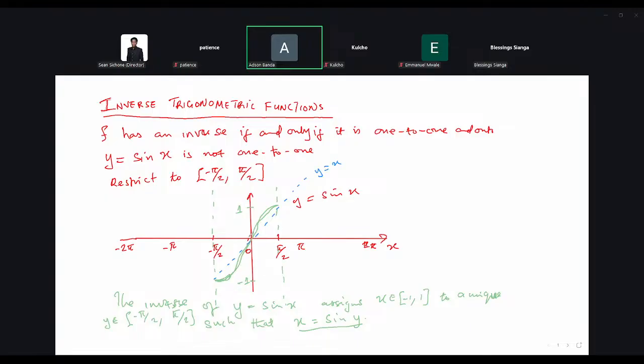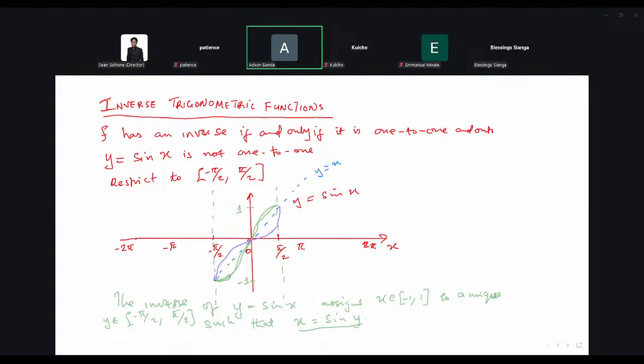Now we are saying that if you want to draw the inverse of sine x, you just reflect the curve in this line. If you reflect this, you get the following shape, and also here you get what we have.